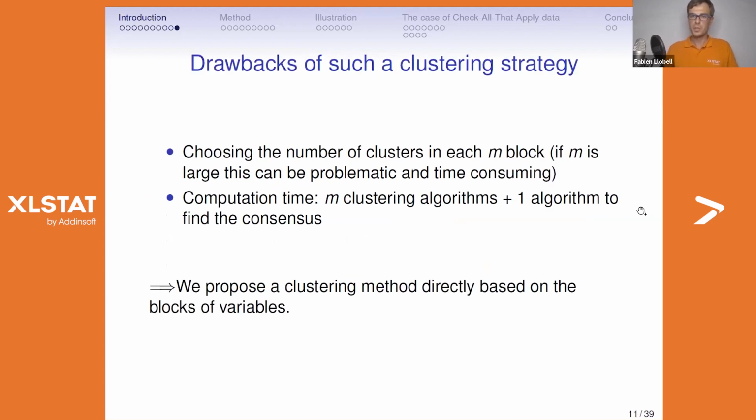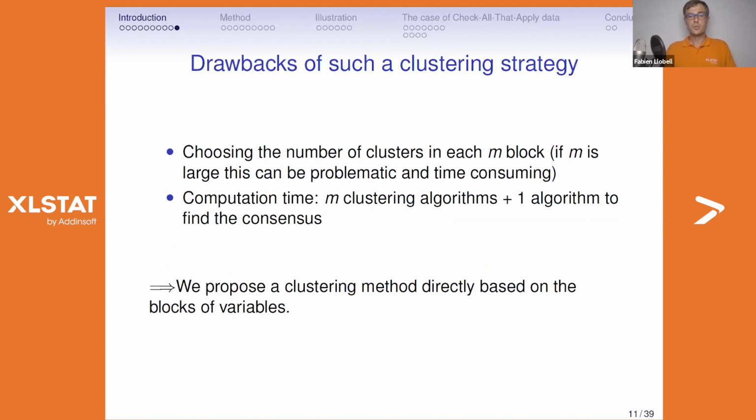drawbacks remain. The first is the fact that you have to choose a number of clusters in each of the blocks. So if the number of blocks is large, this can be problematic and time consuming for you.